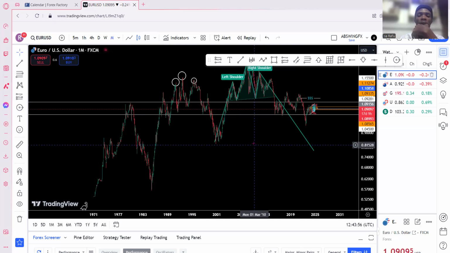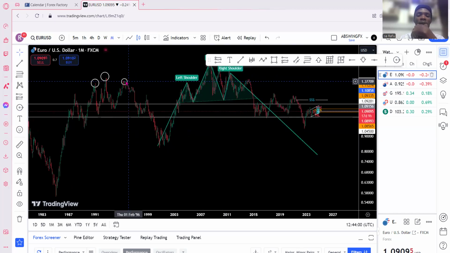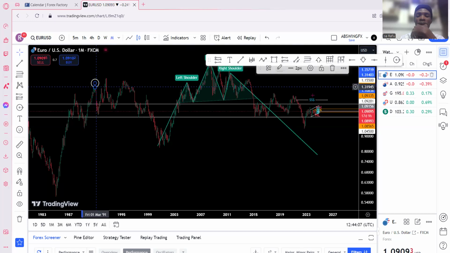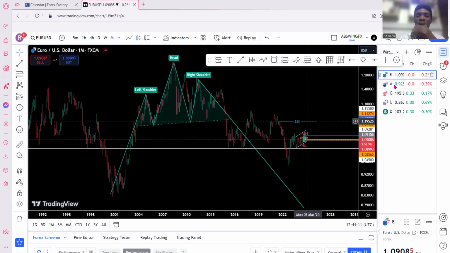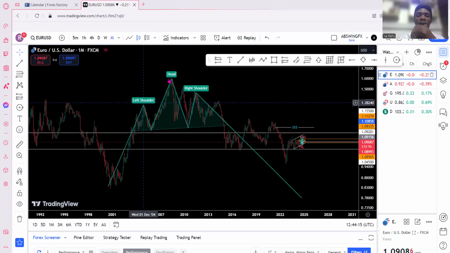Now, if you check the same scenario here, 1, 2, and 3 the shoulder, and the market does what?